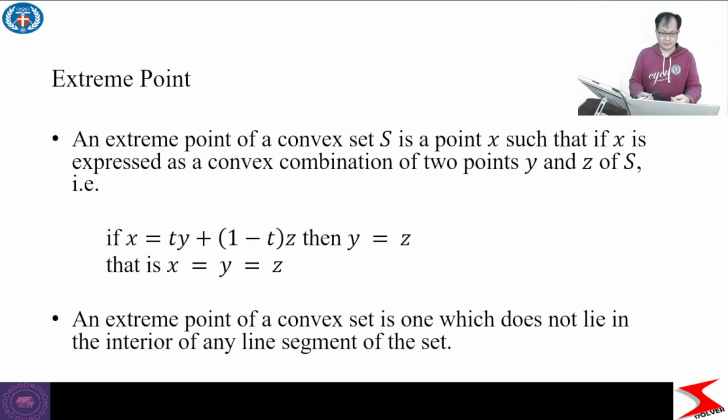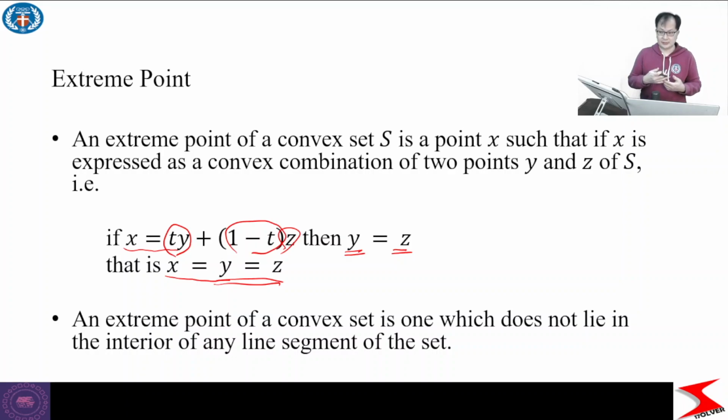The definition: an extreme point of a convex set S is a point in S such that if x is expressed as a convex combination of two points y and z of S, so x equals t times y plus (1 minus t) times z, and also y equals z, then x equals y and y equals z. There is no difference, only one point.